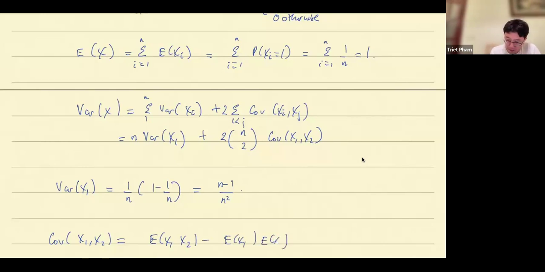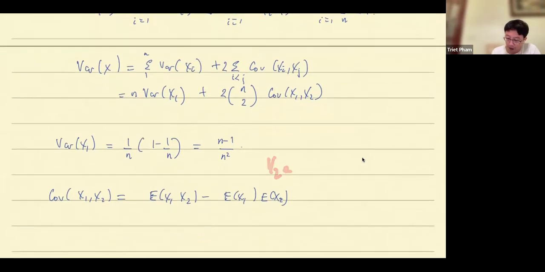We know what this is: each of these is 1/n, so this is 1/n squared. And so we just have to deal with this.